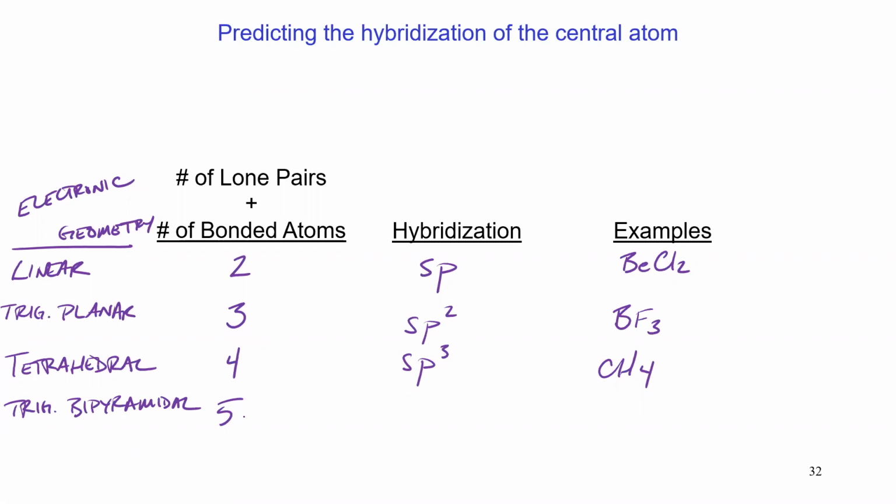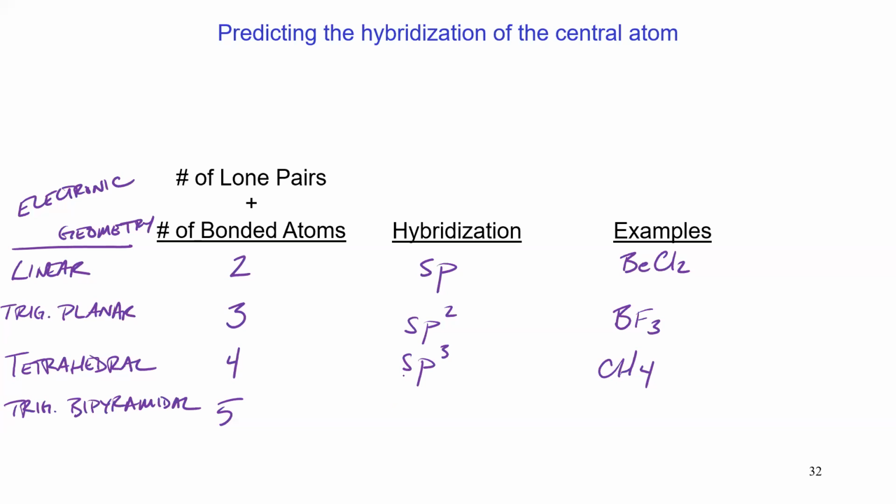Now we have 5 bonded atoms. Now that's how many electrons if we have 5 bonded atoms? 10. So we said that things that have more than 8 electrons that break that octet rule, that have that expanded octet, where do they get there? Where do they put those extra electrons? In the d subshell, someone said.